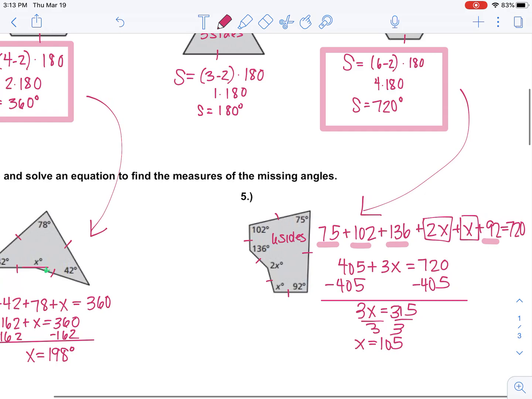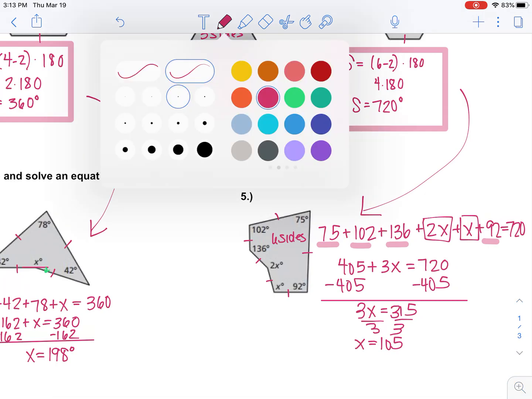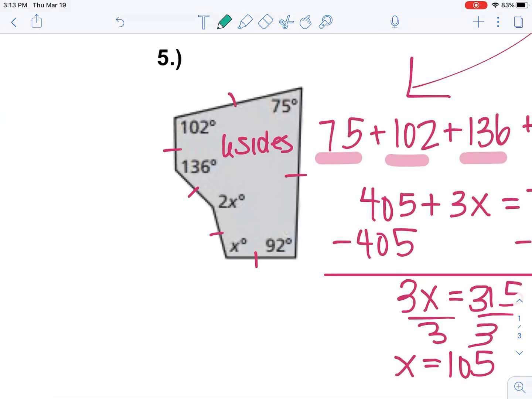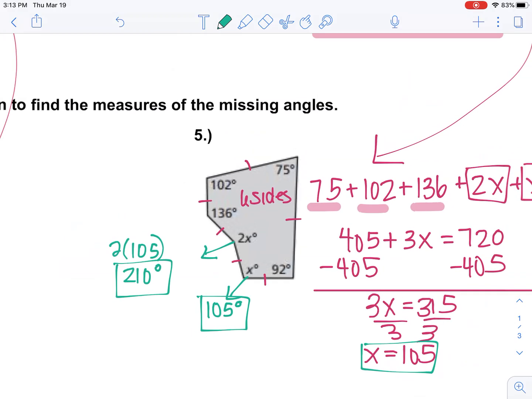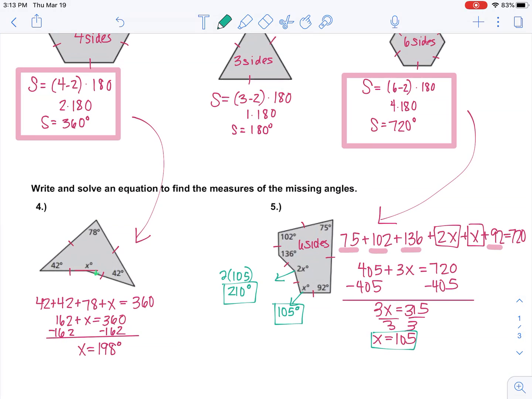Now it does ask us to find the missing angles. So we know that one of those missing angles is x, so we can say 105 degrees. But then we have another one where we actually have to multiply that 105 by 2, giving another angle over 180. So we end up having several answers to this problem with x and the two angle measures.